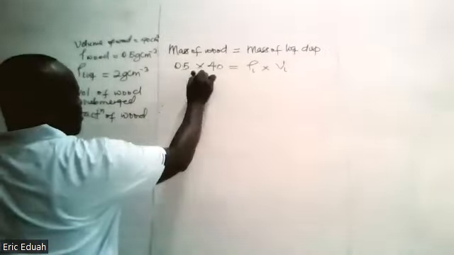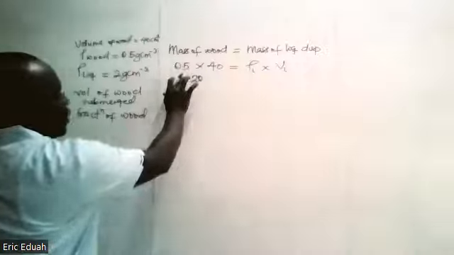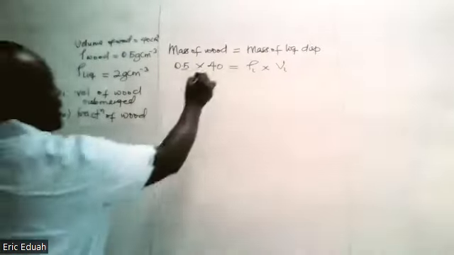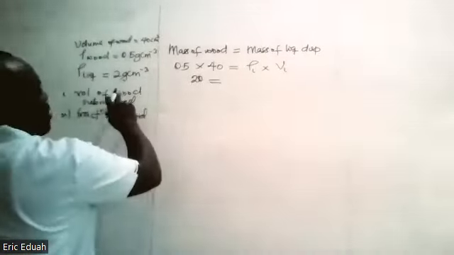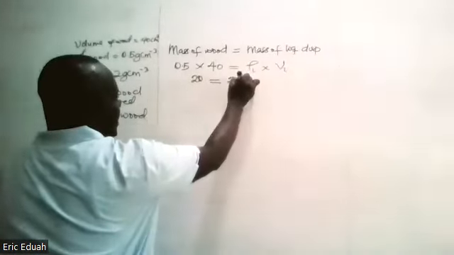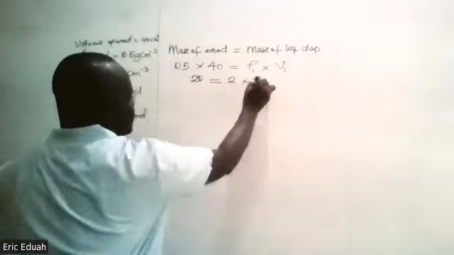So this is equal to 20 grams. 5 on 10 times 40 gives us 20 grams. This is equal to the density of the liquid, 2 grams, times the volume of liquid displaced.